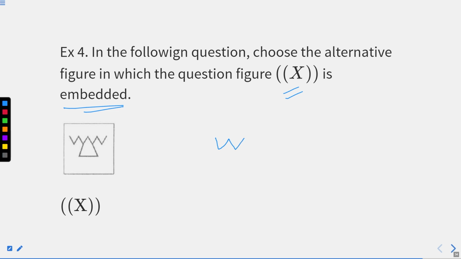The first, the second, the third, the fourth, and from the center part, what is there? A pentagon-like structure. You need to find where this exact figure is embedded in the 4 alternative options. It means you have to figure out the option in which this figure is also there along with the other part, right? As soon as you are able to find this, that will be your answer.